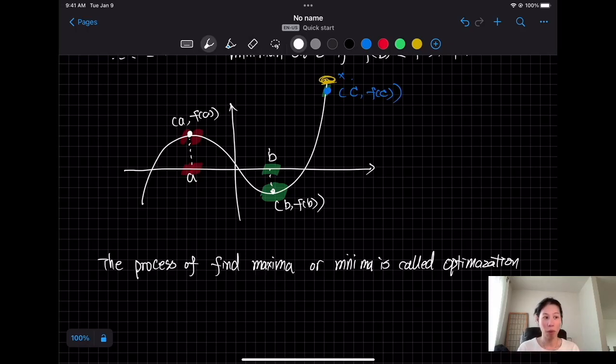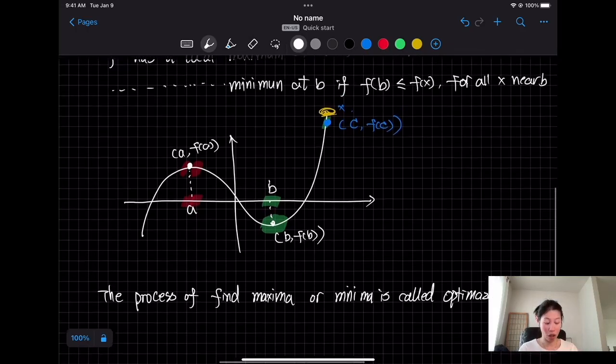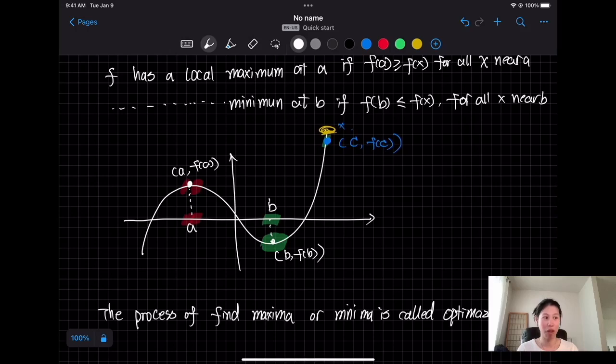Okay, so a point is a local max if it's higher than all of the nearby points. Similarly, if you're finding a local minimum, which is our f of b, it should be lower than all of the nearby points. Remember, it's the nearby points.